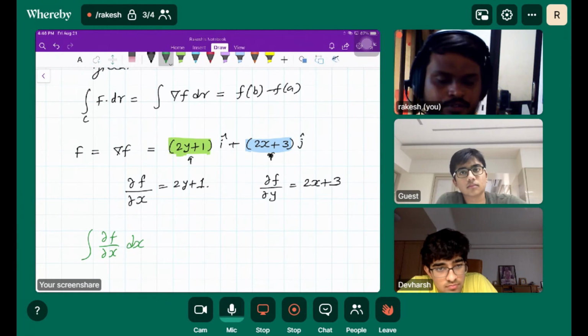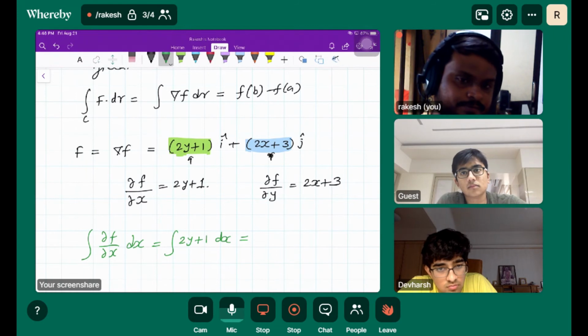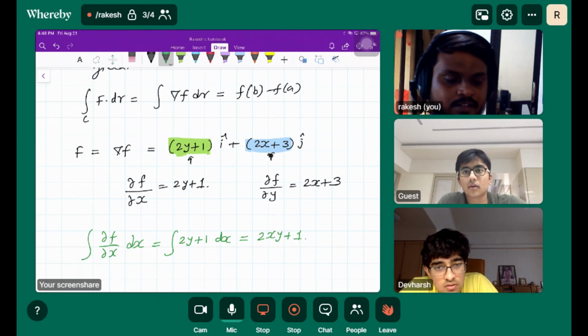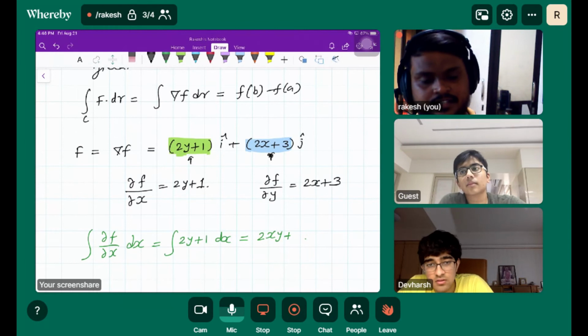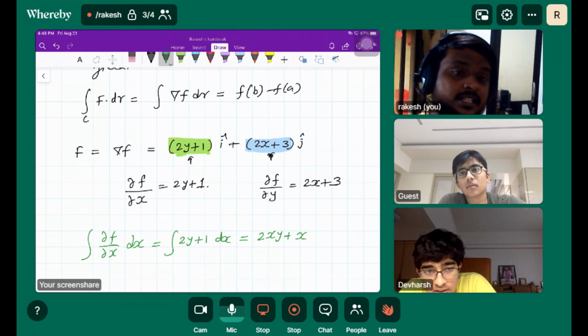So that is 2y plus 1 integrated with respect to x. What is the integration? 2xy plus x, plus c.